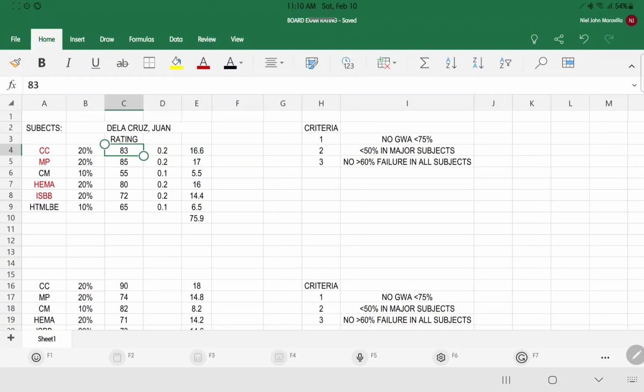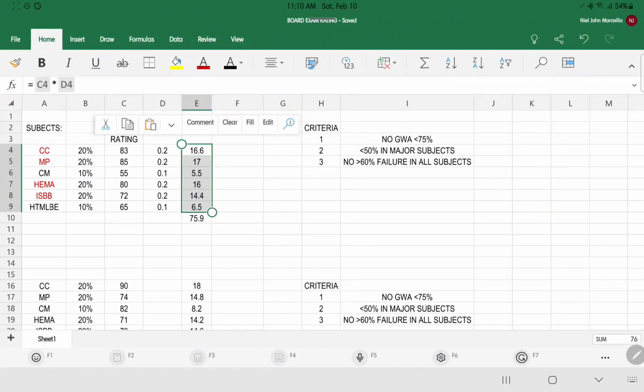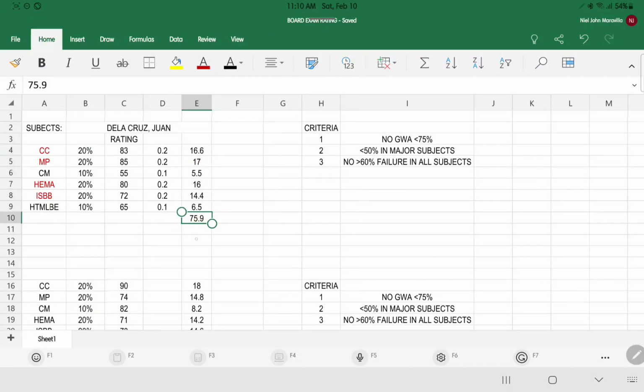For example, 83 multiplied by 20%, that is 0.20, and so on down the list. You add them all, and the result is the GWA. For criteria 1, his GWA is above 75%, so based on criteria 1, he passed.